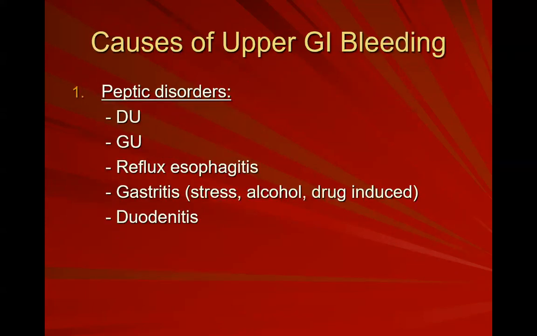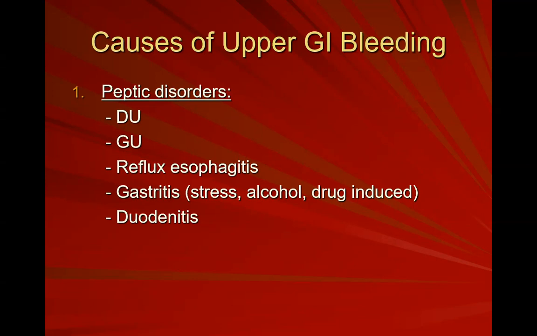The most common type of upper GI bleeding is bleeding from peptic ulcer disease. I guess this is a recap of all the lectures that you took. I guess you also took a lecture on peptic ulcer disease, right? One of the complications of peptic ulcer disease is bleeding.